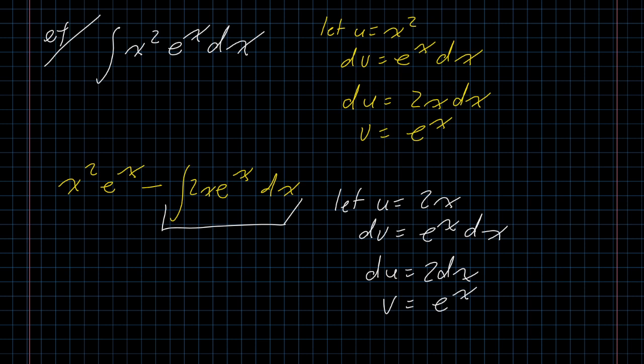All right. So our x squared e to the x out front stays out front. We do have to be careful with this minus and make sure it gets distributed. So it's minus u times v, 2x e to the x, and then minus a minus will be plus the integral of v du.